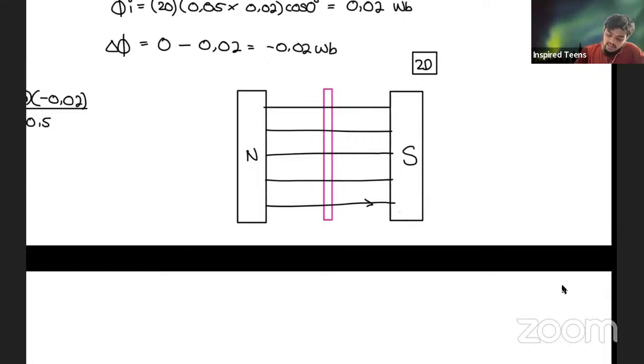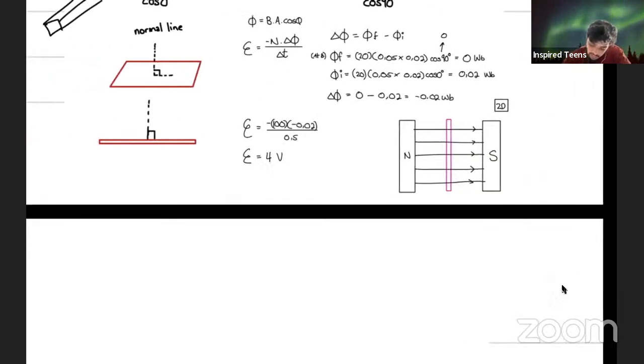Here we can see that most of the solenoid is covered by these magnetic field lines.